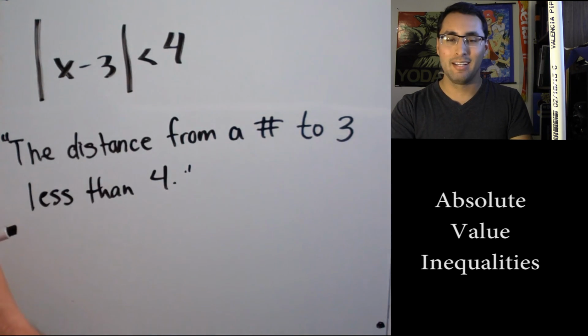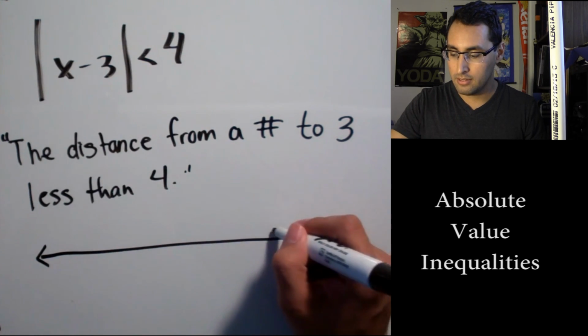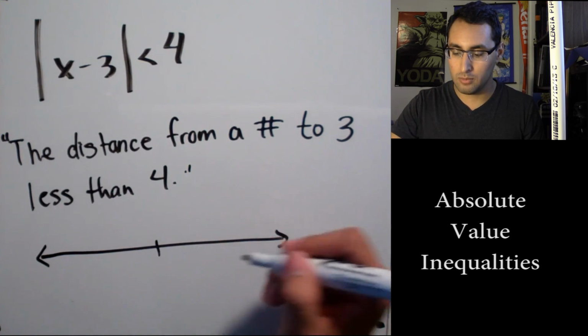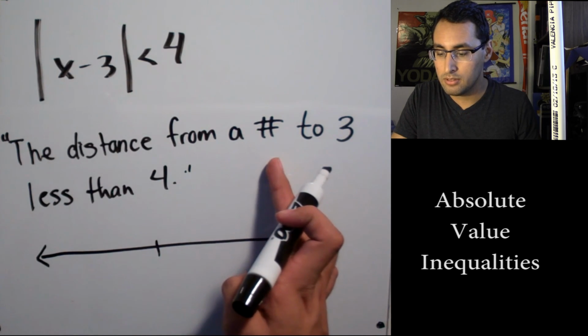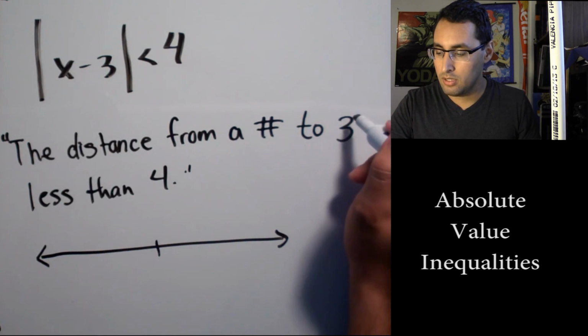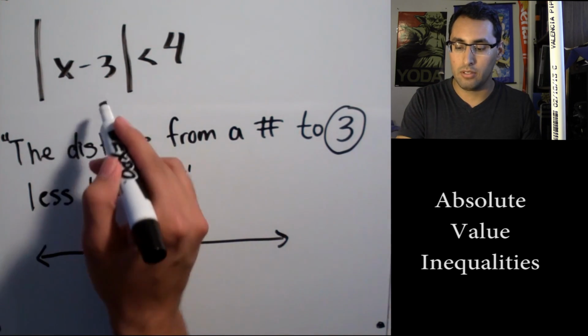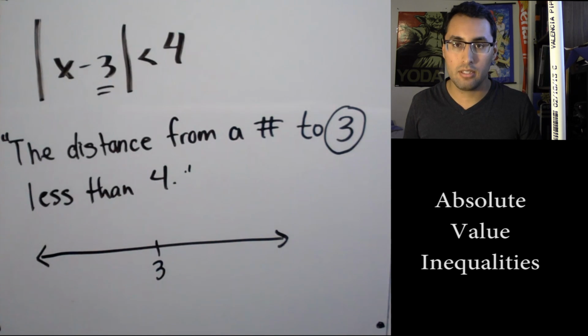Alright, so how do I graph this? Well, you graph the way that you read it. I have to start somewhere. The distance from a number to 3 is less than 4. So you start where it says after to, right there. I start at 3.